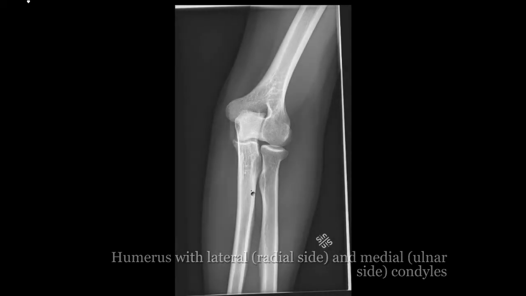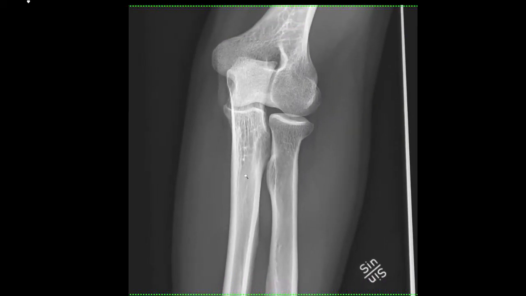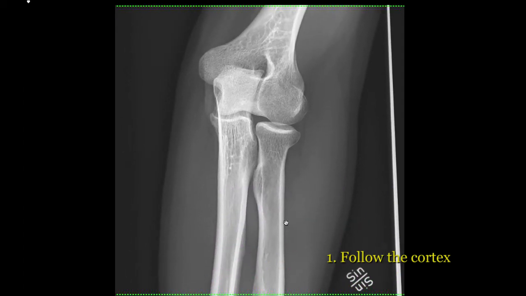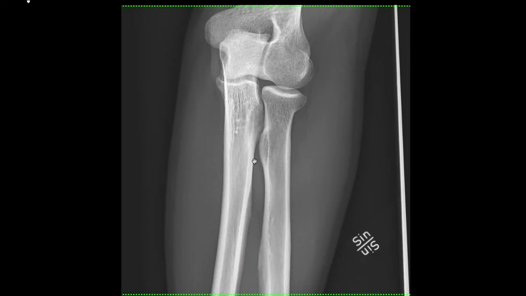So like I said, when it comes to normal anatomy, what did I tell you? Please follow the cortex. This is the cortex. You have to follow it all the way. There should not be a fracture here or some disruption or something else that could indicate pathology.